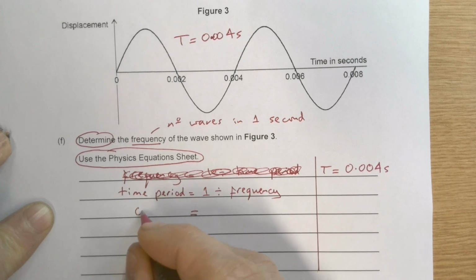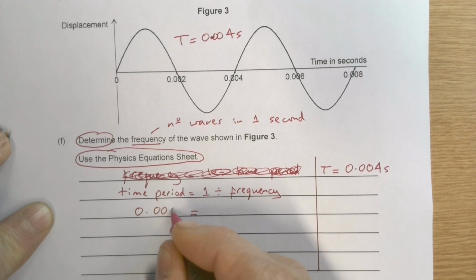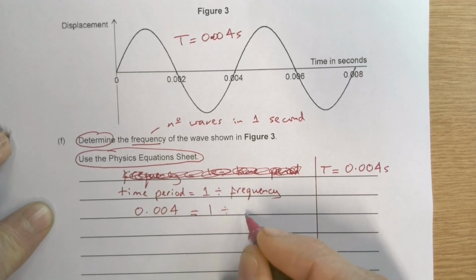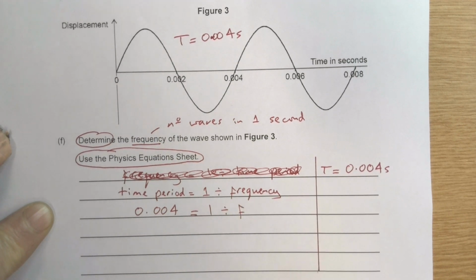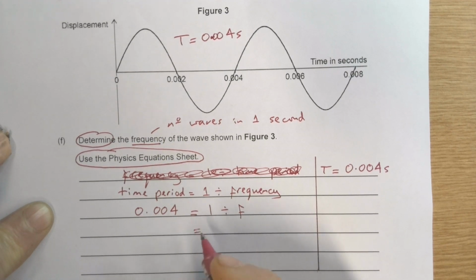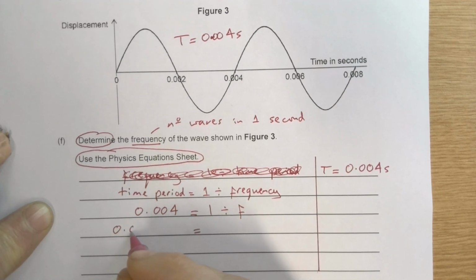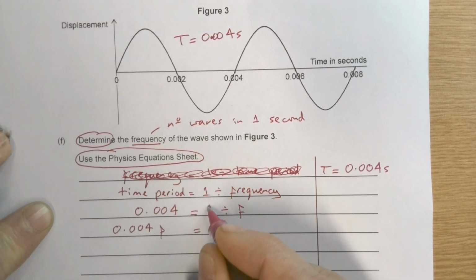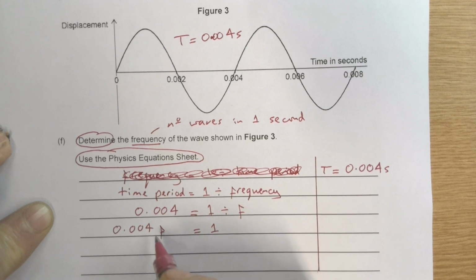So I get 0.04 equal to 1 divided by f. I then need to rearrange and solve. So I need to get rid of that divide by f first of all. So I'm going to times both sides by f, 0.04 f equals 1. And then divide both sides by 0.04 to make f the subject and leave it on its own there.